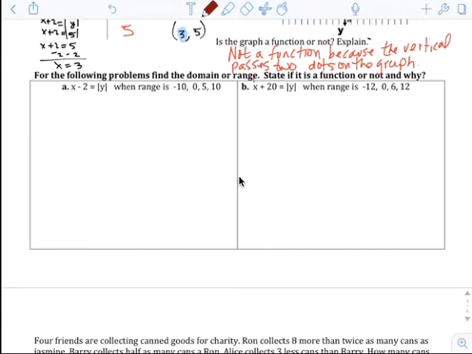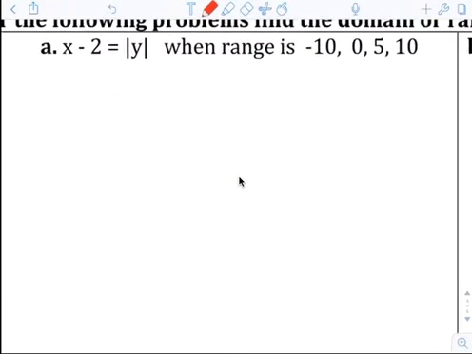Okay, so here's the same thing, you guys. State if it's a function or not using domain and range, okay? Here's the range of this. Range, remember, is y.